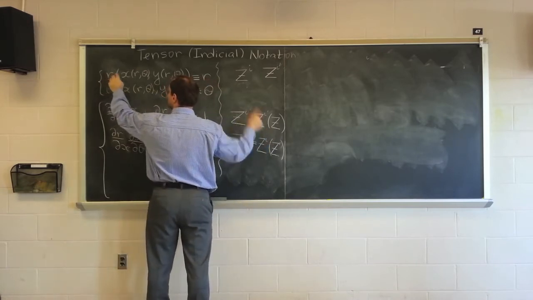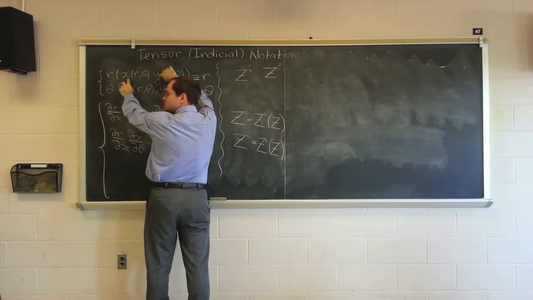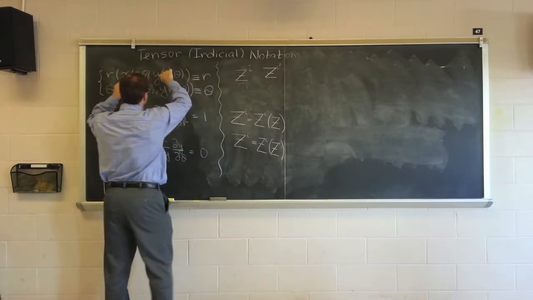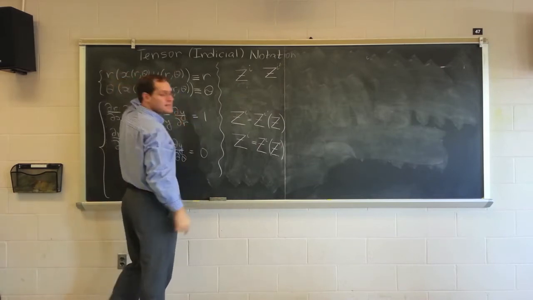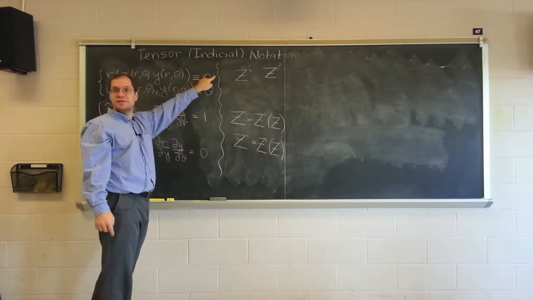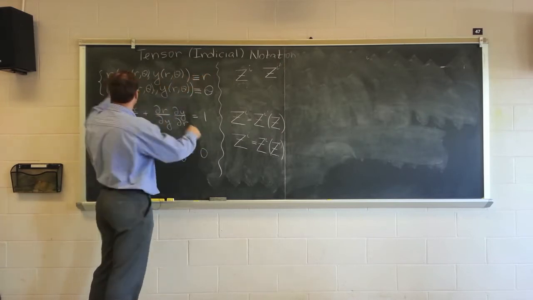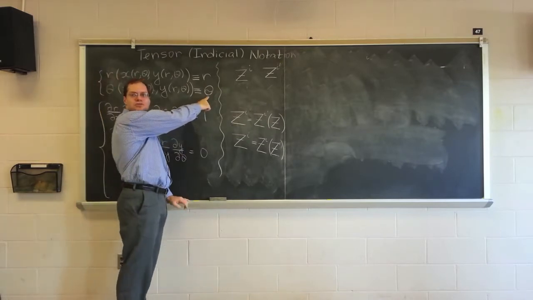That's what r is, a function of x and y. What we do next is what I'm about to do. Into that function, plug in how x depends on r and theta and how y depends on r and theta. And then you will recover z1. And if you do the same thing into the second one, then you will recover z2.